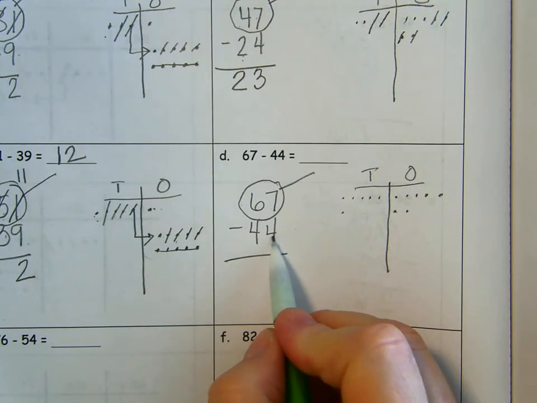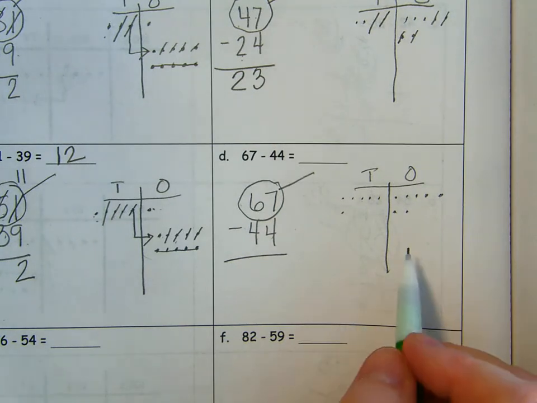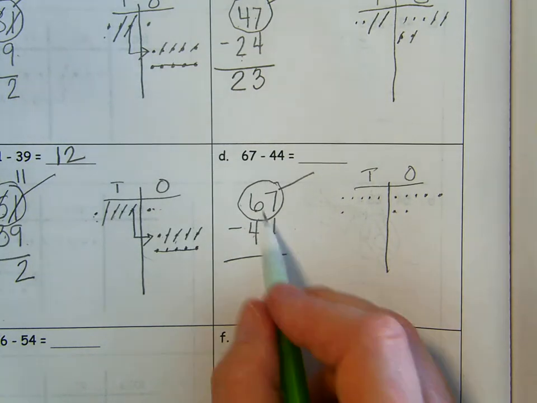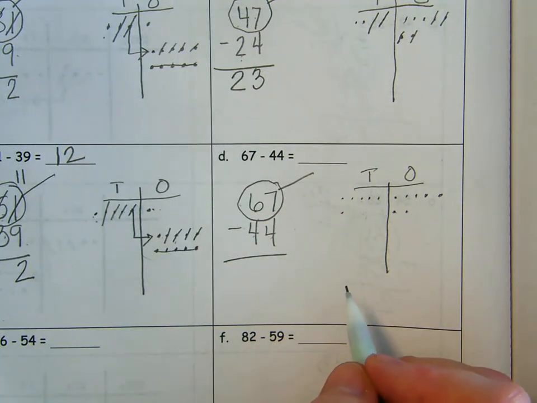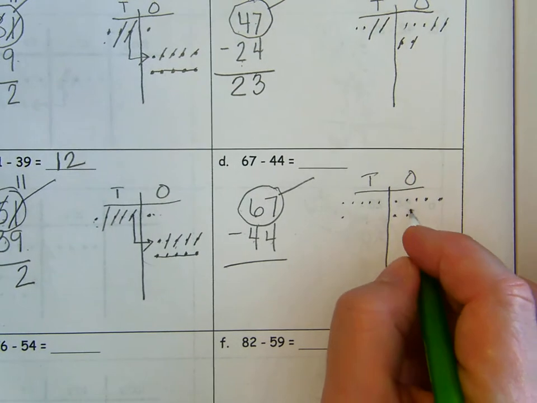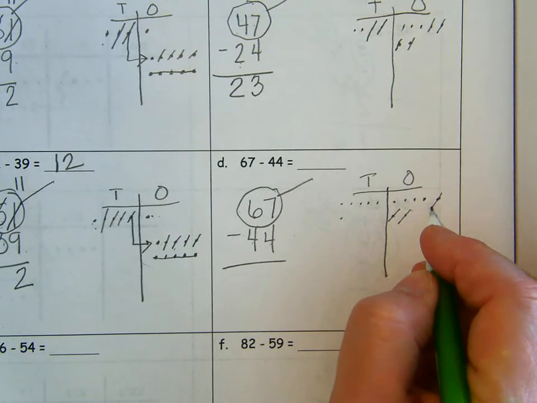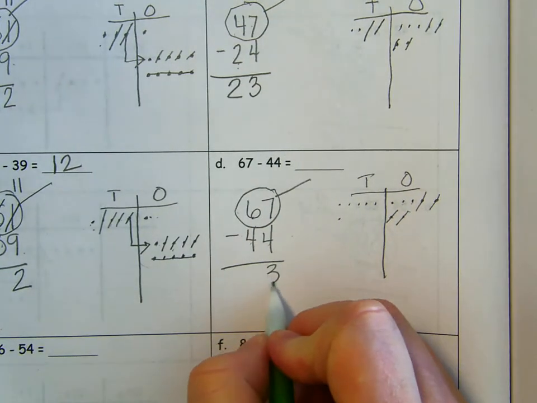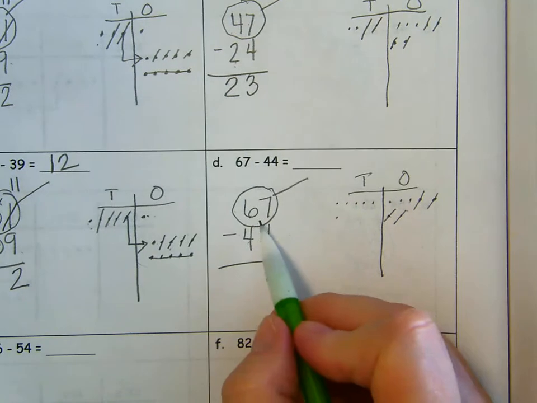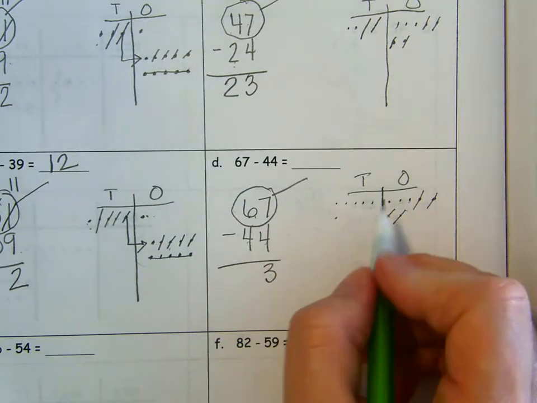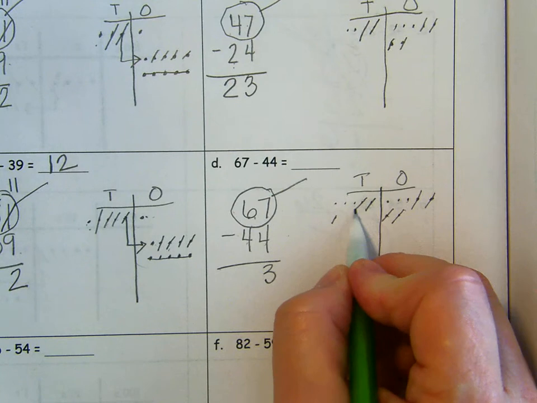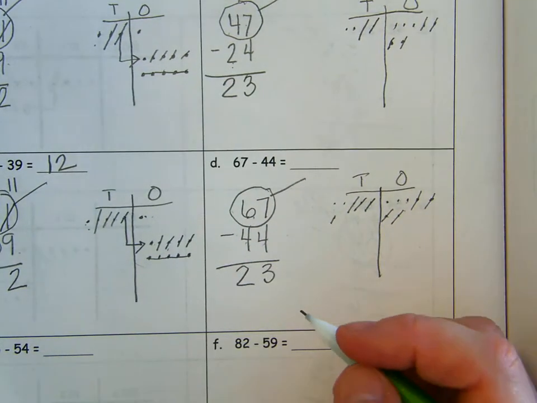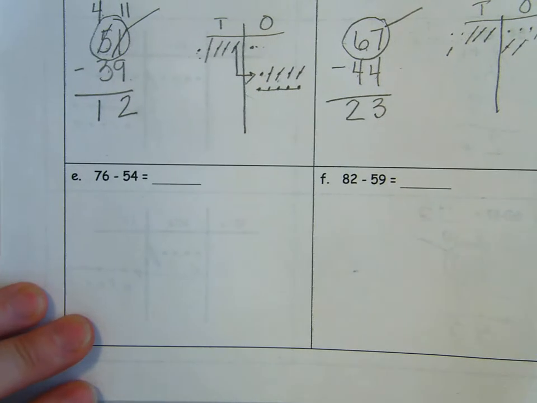Can I take 4 from 7? I can. Can I take 4 from 6? I can. I'm not going to need to decompose. I'm ready to subtract. 7, and I'm taking away 4. 1, 2, 3, 4. 7 minus 4 is 3. 6, take away 4. 1, 2, 3, 4 is 2. Excellent. We only have 2 more to go.